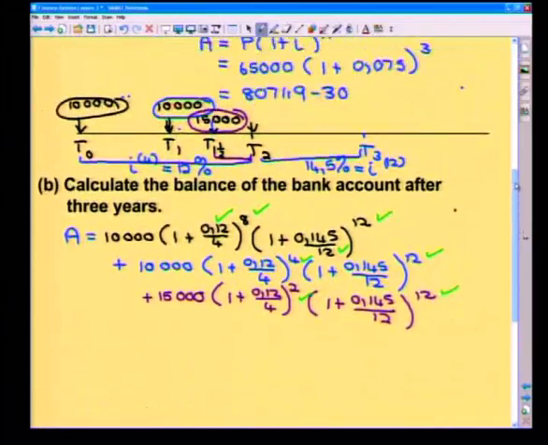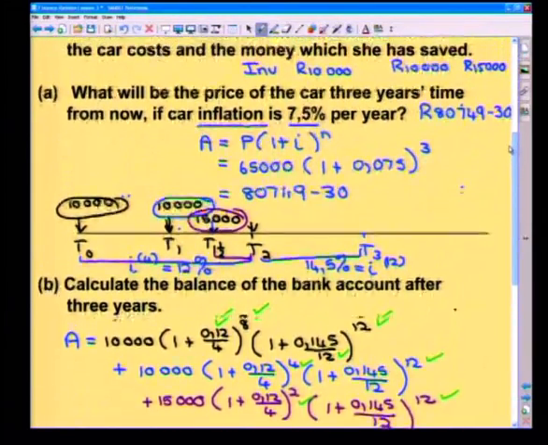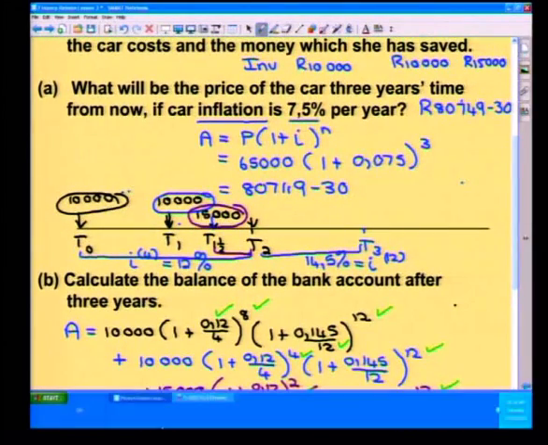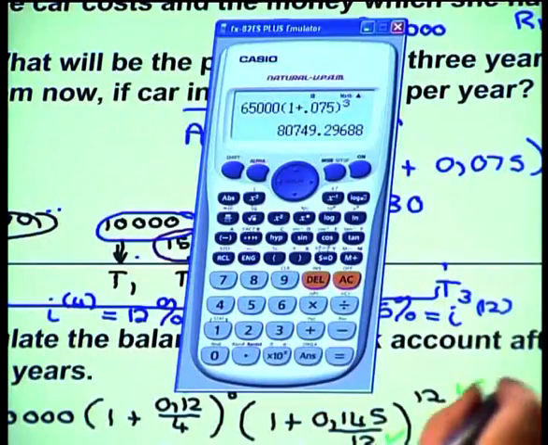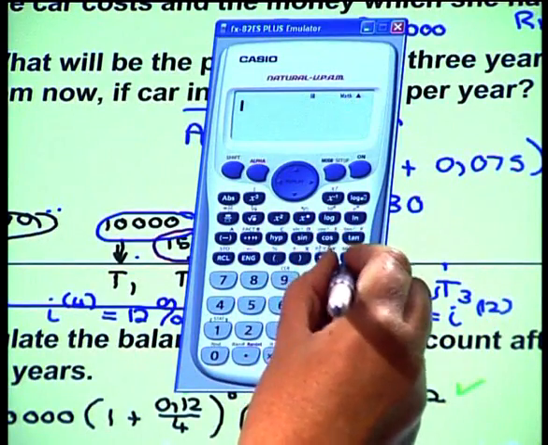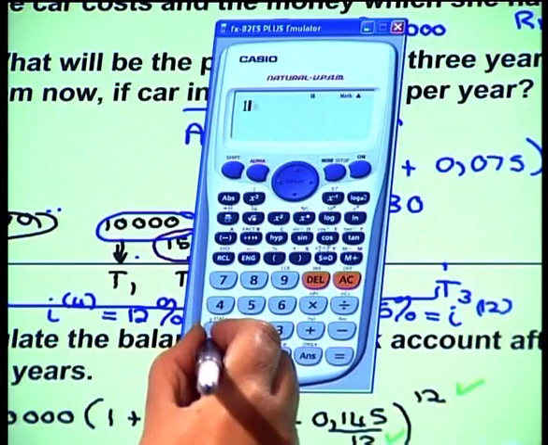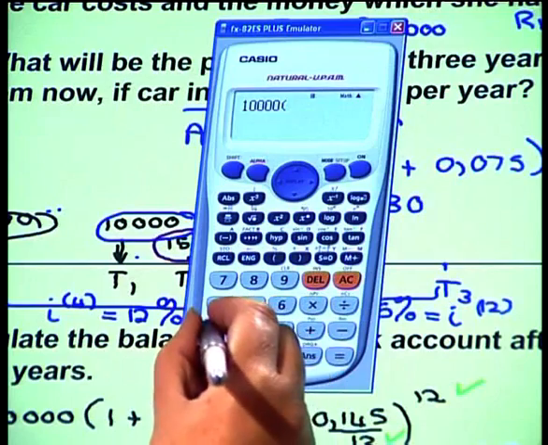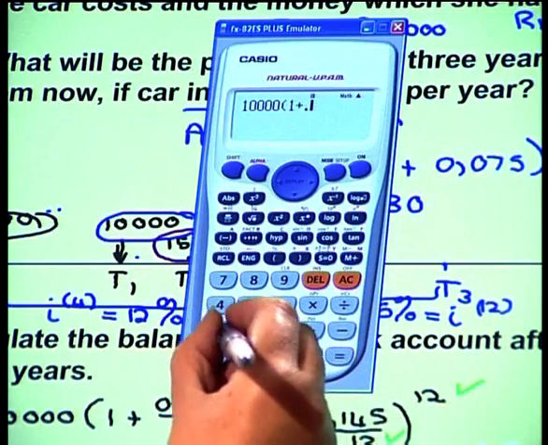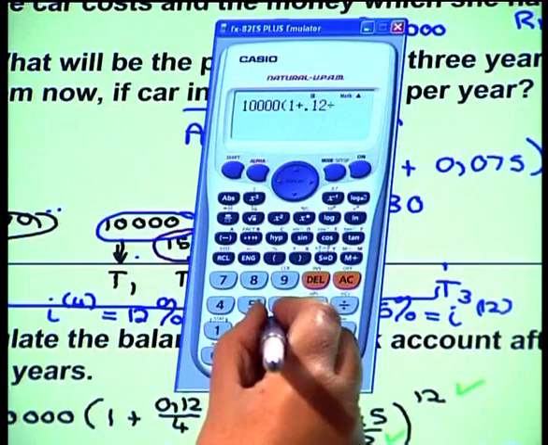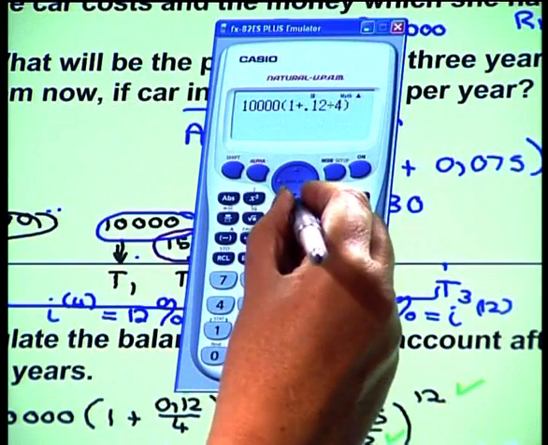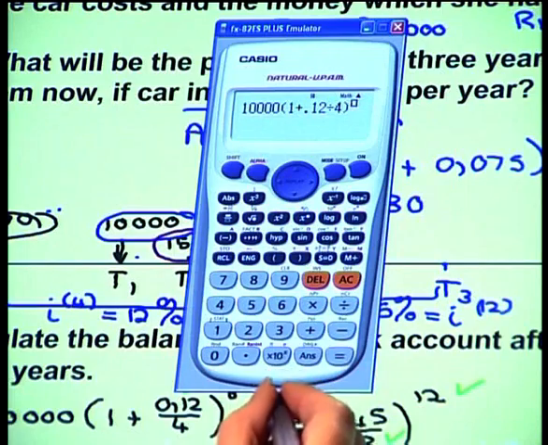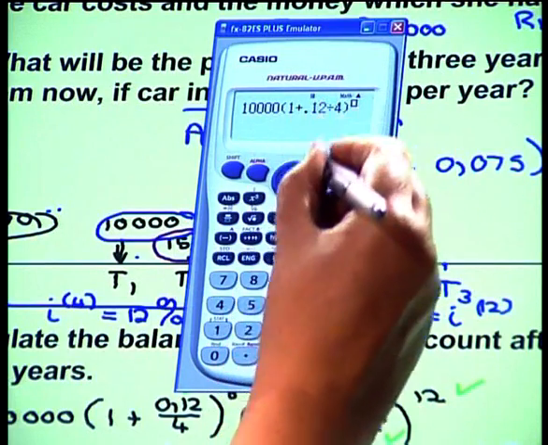Okay, let's bring it down because I want to keep the thing I'm inputting down there so I can see it. Let's pull this up and start calculating. So let's clear. We've got 10,000. We are going to go 1 plus 0.12, divide by 4, close the brackets, raise to the power, I think it was 8.